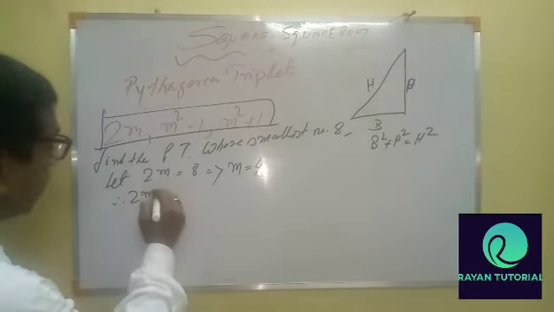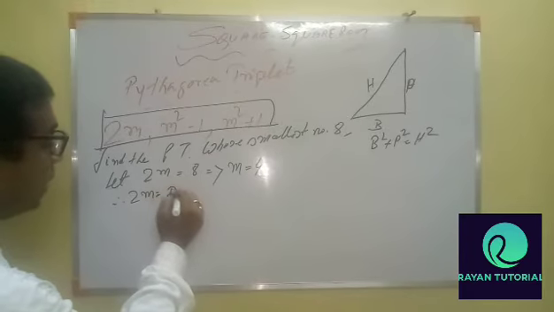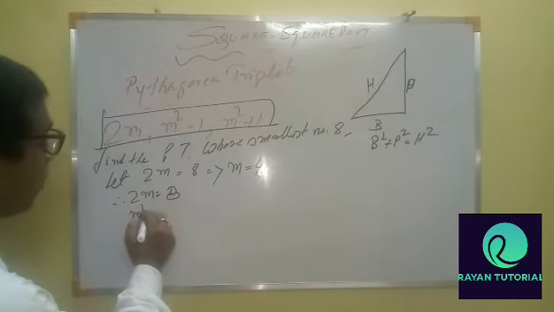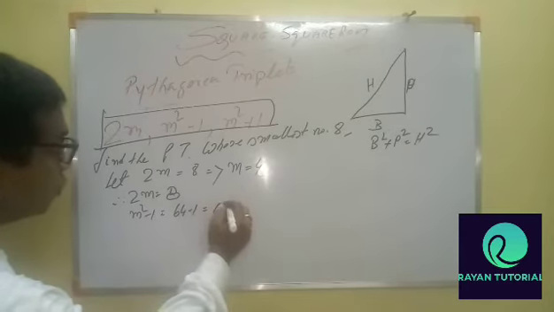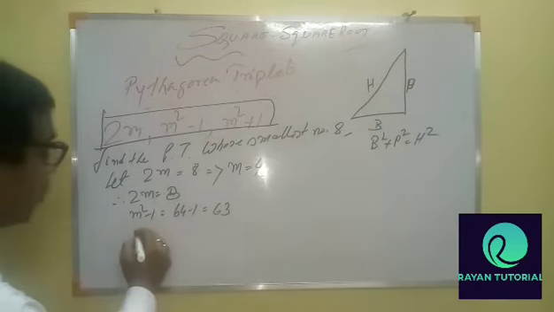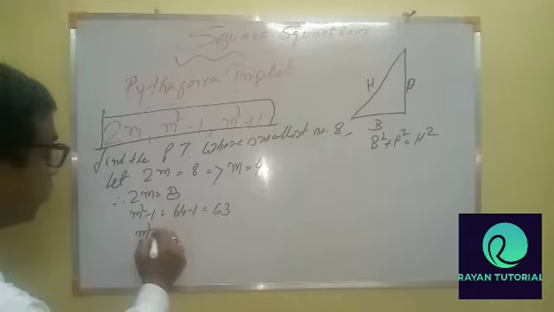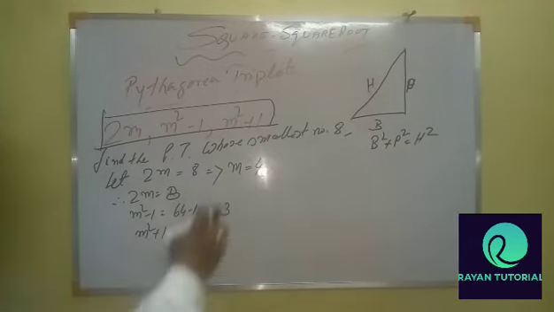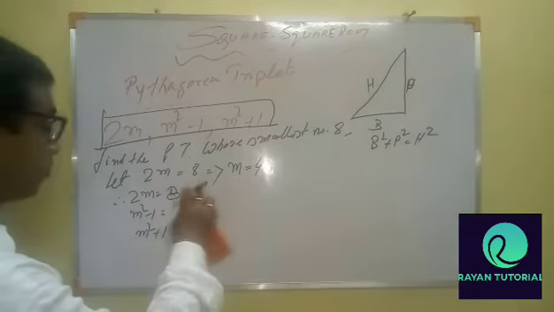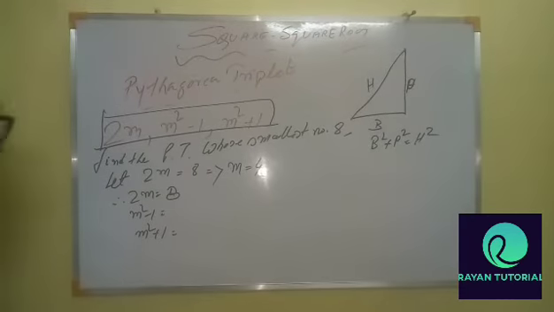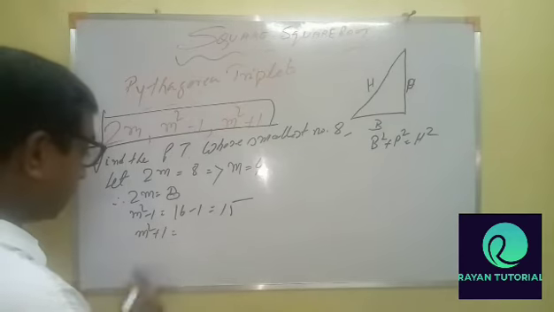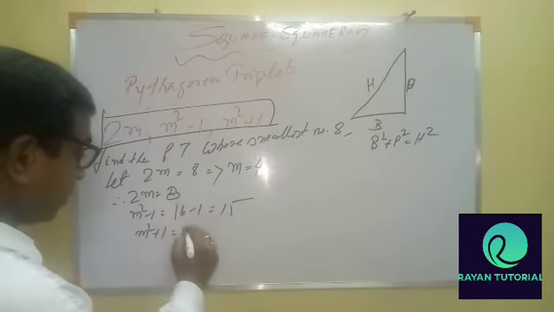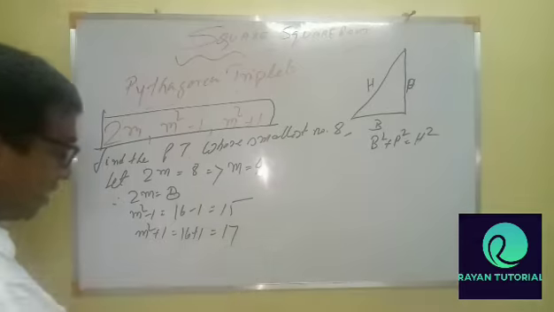Then m square minus 1 is 64 minus 1, which is 63? No, with m equal to 4, m square is 16, so 16 minus 1 is 15, and m square plus 1 is 17.